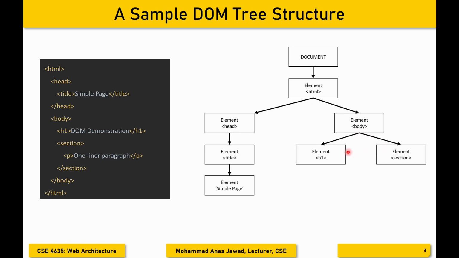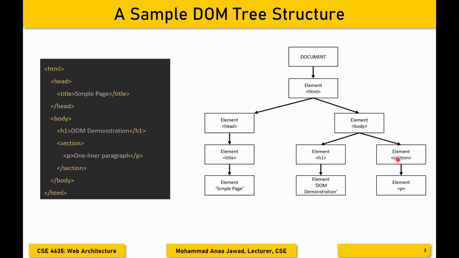The body tag has two sub-elements, h1 and section, and these two elements have their own separate content as well. So the h1 tag says DOM demonstration, that is here, and for those two elements, these two nodes have been created, right?